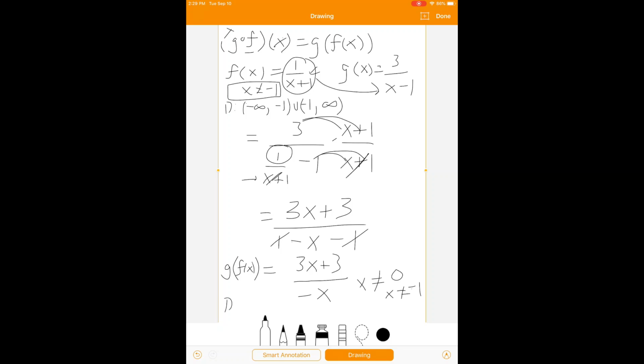So our new domain, negative infinity, negative 1, union, negative 1 to 0, union, 0 to positive infinity. And now you guys are masters at function composition.